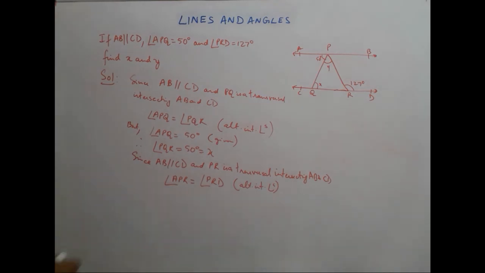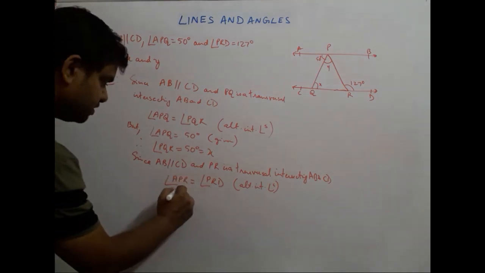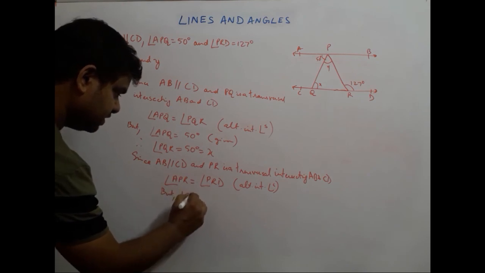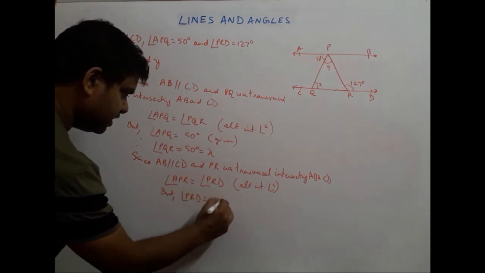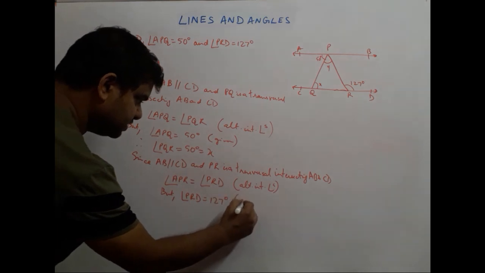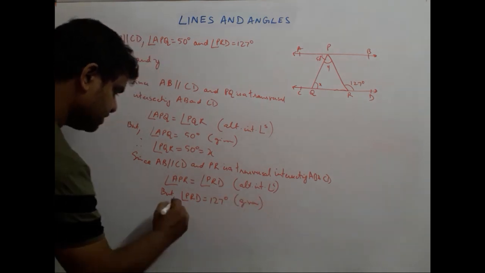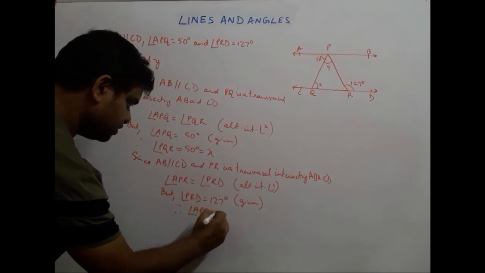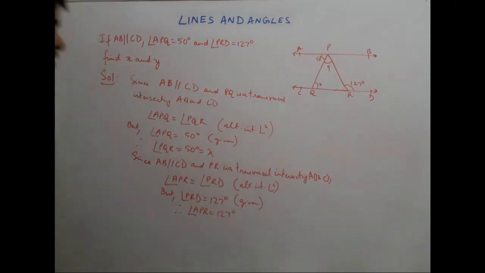Got it? Now angle PRD is equal to 127 degrees, that is given. Therefore we can say angle APR is equal to 127 degrees.